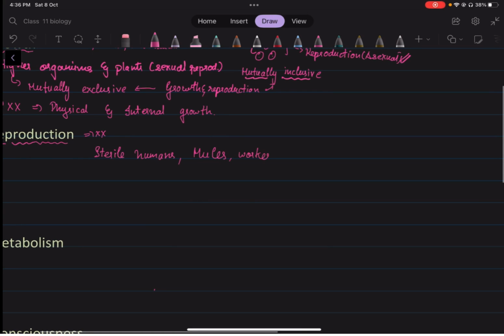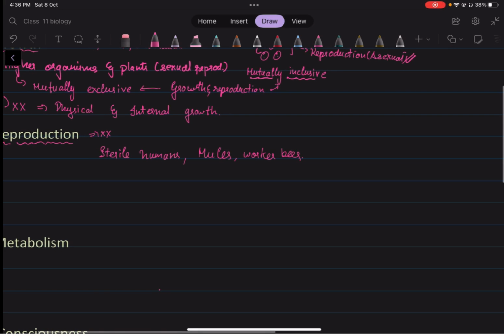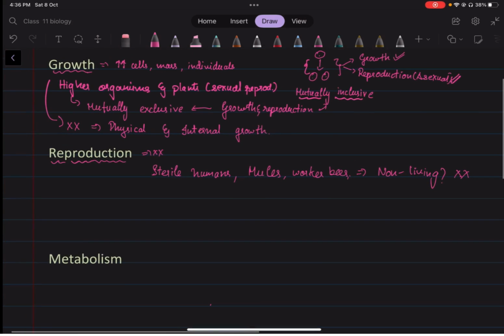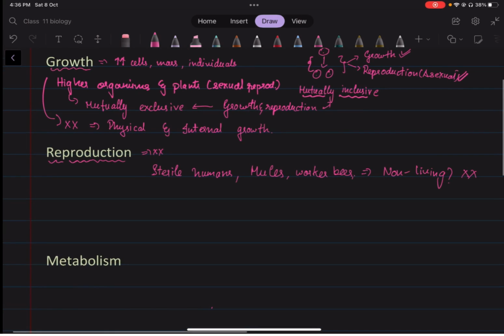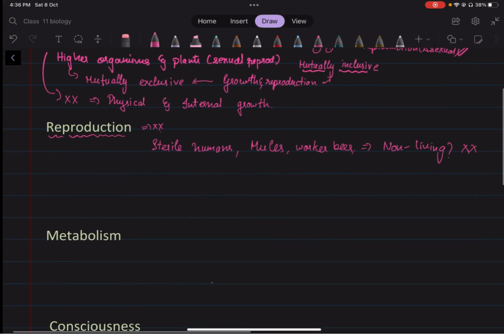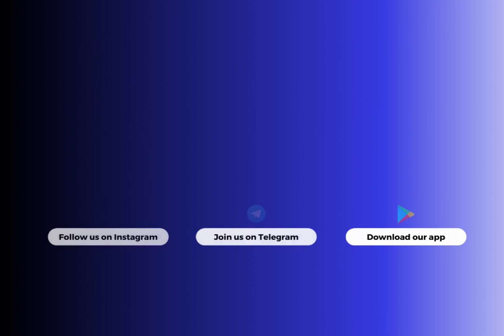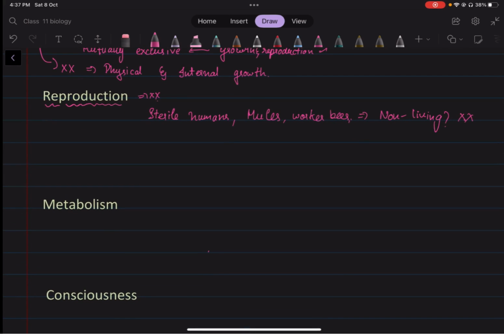All these cannot reproduce. But can we call them non-living? No, right? We can't call them non-living because they do live, but they are not able to reproduce. So that's why even reproduction is not a defining feature.